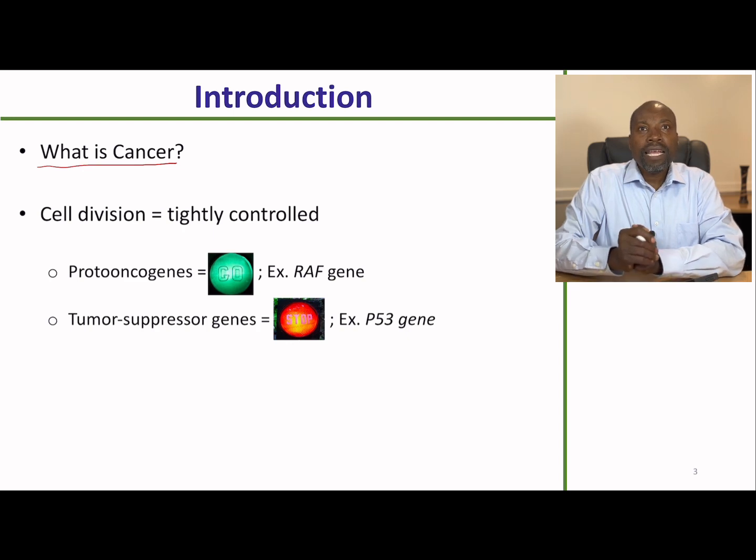Now, understand that the cell cycle is tightly regulated in the body, because if the cell cycle is not tightly regulated, then the body can start to see a multiplication of the cells without control and without reasons, which is a problem, right?